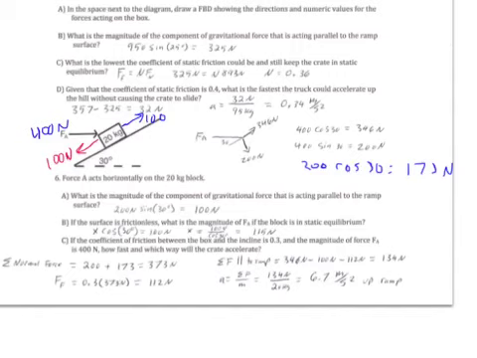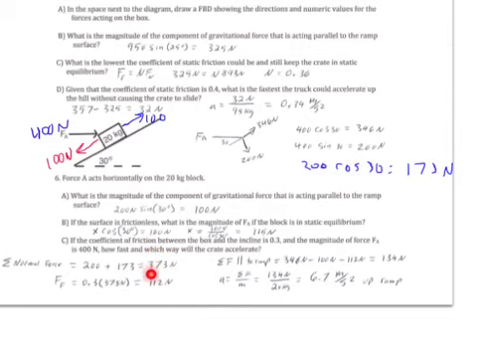That's tricky, I agree. So basically the sum of the normal force is going to be the 200, which is caused by this, creates 200 this way, and gravitation causes 173 this way, so the net normal force is 373.